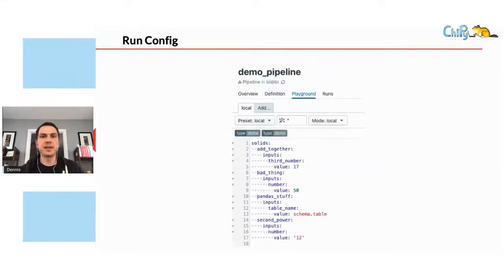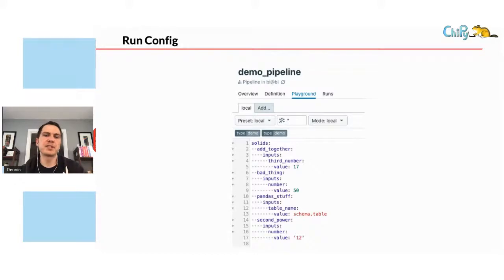So this again is within the Dagster UI, and this is how you can set those parameters for certain solids. Based on the last slide, most of the solids take input from upstream solids, but some of them require additional parameters.